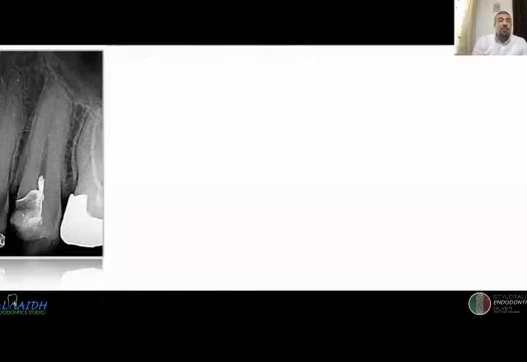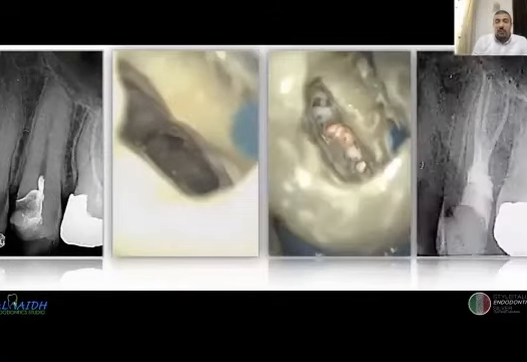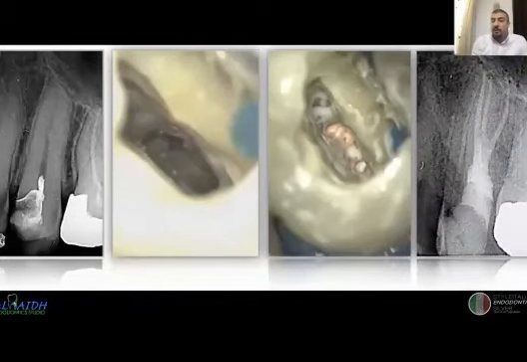Because there is one main canal that suddenly disappears, and we all know that it divides into more than one canal. So under the microscope, I could find 3 canals in this upper 5, and this is the final situation.